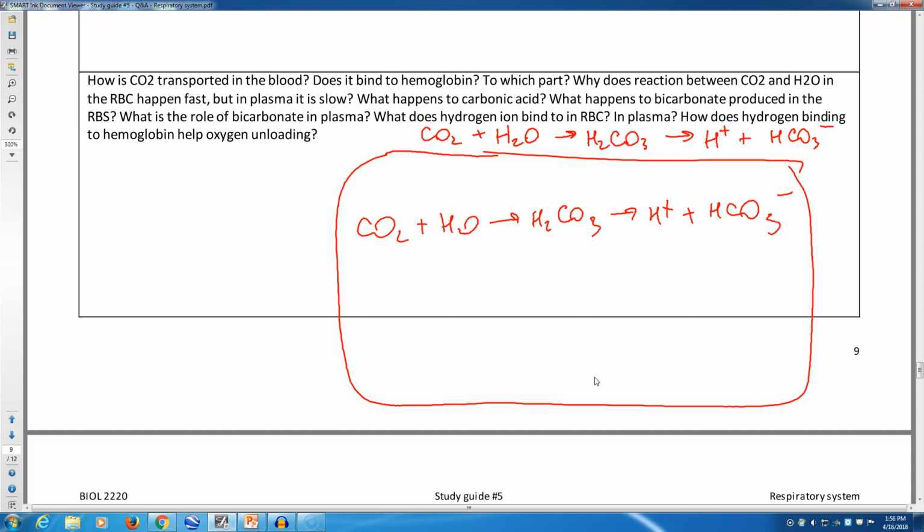It's faster because here we have the enzyme, carbonic anhydrase. What happens to hydrogen? What does it bind to? It binds to protein. Which protein in red blood cells? Hemoglobin. It binds to hemoglobin.